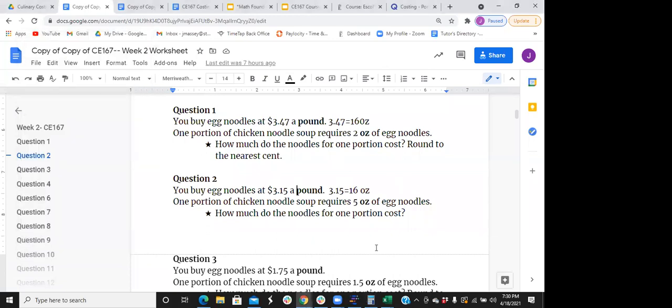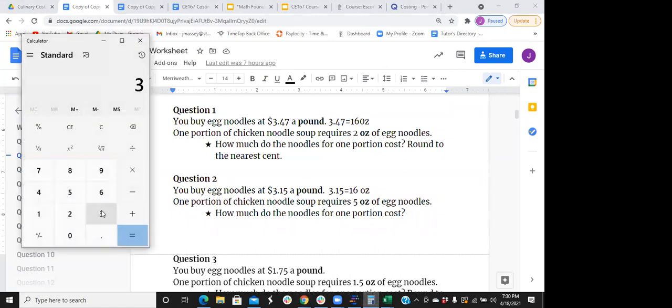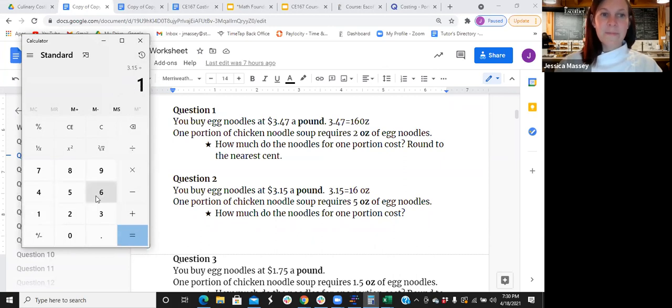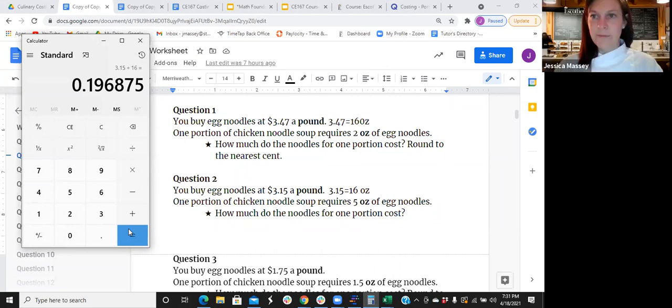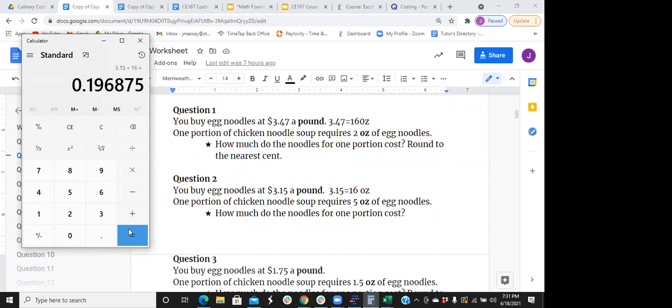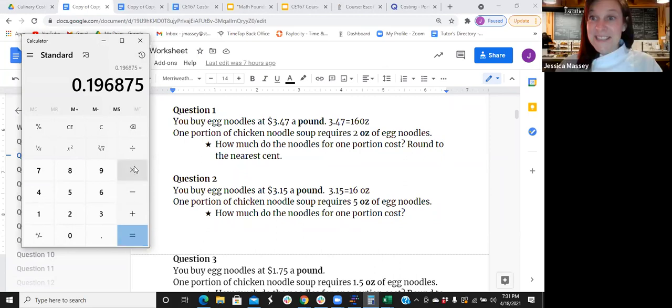No, I mean 3.15 divided by 16. Yep, that's exactly it. And so you come up with 0.19687. And then would I multiply that by the 5? That's exactly right.